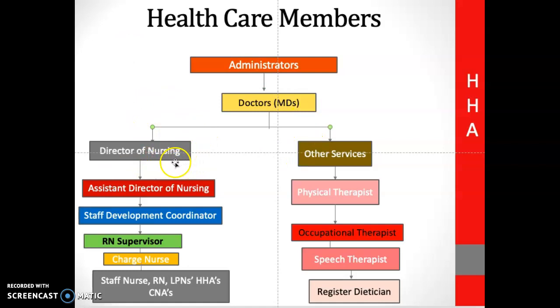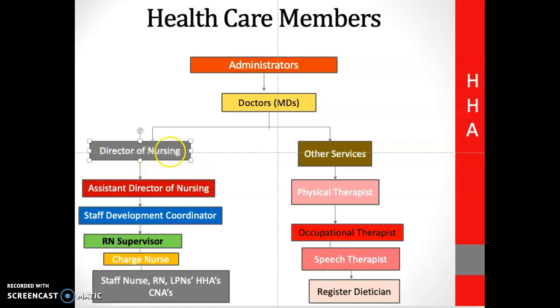Then here we have the director of nursing. The director of nursing is responsible basically for all the nurses. They oversee the general operations of the nurses, what they're supposed to do, and so on.